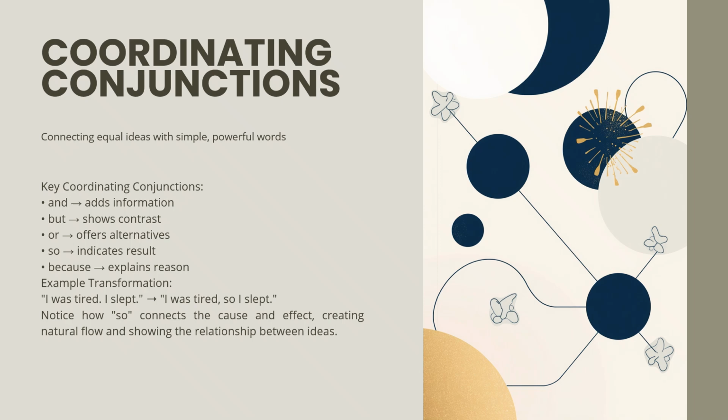Coordinating conjunctions. First type, coordinating. These join equal ideas. Examples: and, but, or, so. I was tired, so I slept. I like tea and coffee. These are the most commonly used.